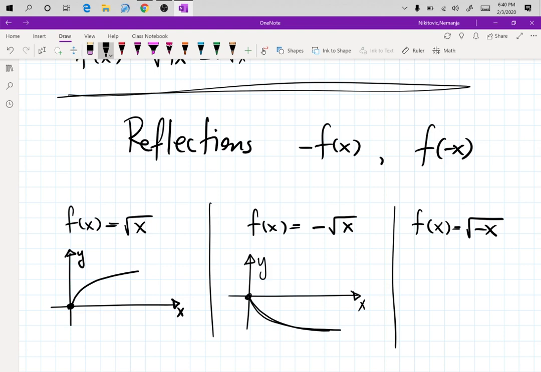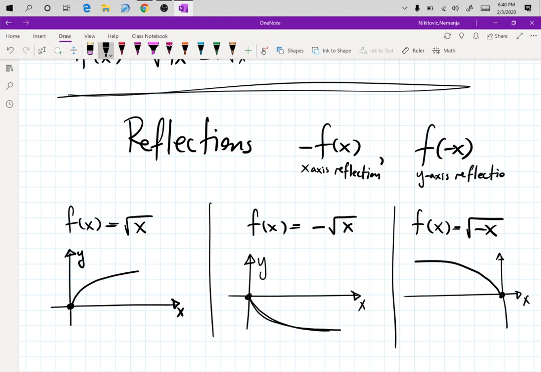So, x-axis reflection. And the last one is going to be y-axis reflection, so it's going to look like this. Y-axis reflection.